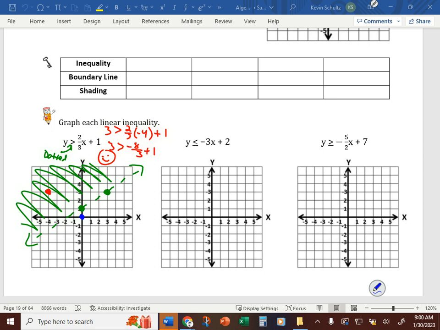And if we were to plug in 0, 0, is 0 greater than 2/3 times 0 plus 1? Well, the brilliance of using 0 is what happens with that nasty fraction. It goes away, because anything times 0 is going to be 0. You're really just left with comparing your y-intercept. Is 0 greater than 1? No, it's not, which we already knew because we don't shade that side.